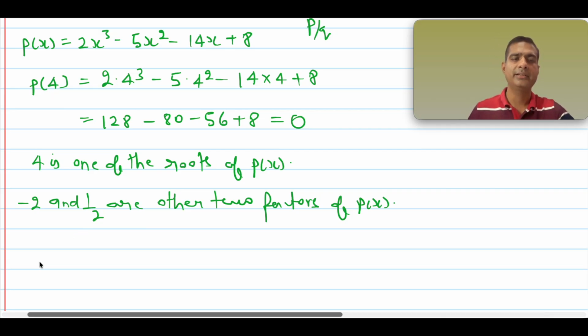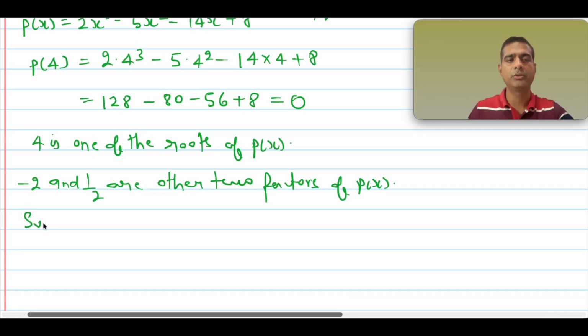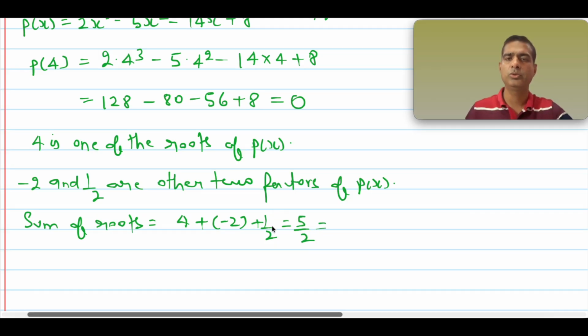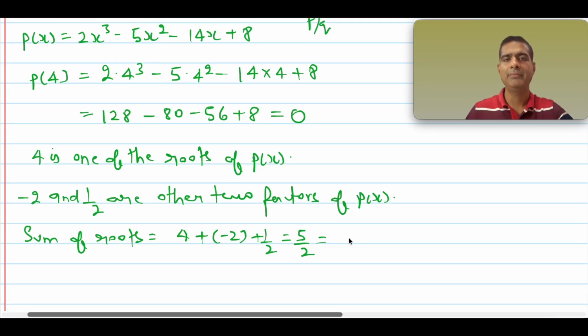So similarly, let us try to find out the sum of the roots here. So if I try to find out the sum of the roots, it will be 4 plus minus 2 plus 1 by 2. So 4 minus 2 is 2, 2 plus 1 by 2 is 2.5, which is 5 by 2. So we can see here 5 by 2 can be written as negative of negative 5 over 2, and negative 5 was the coefficient of x square and 2 is the coefficient of x cube.